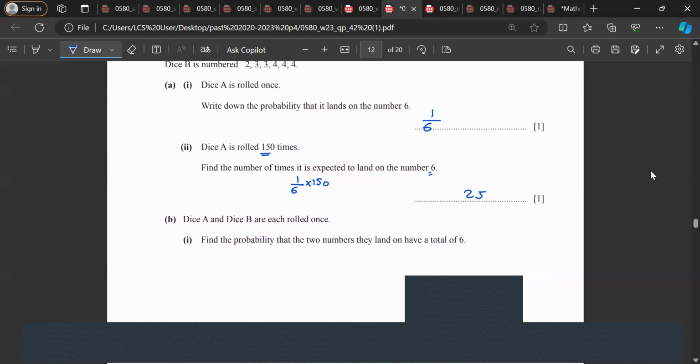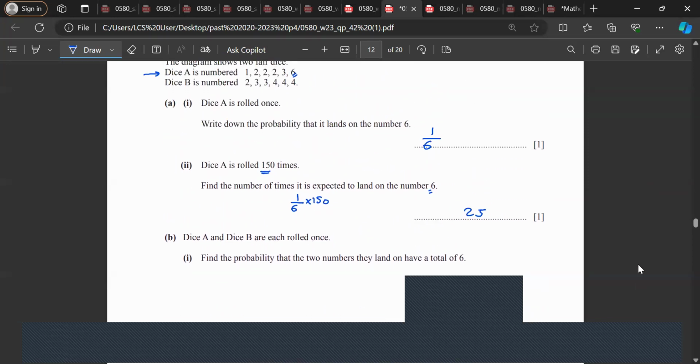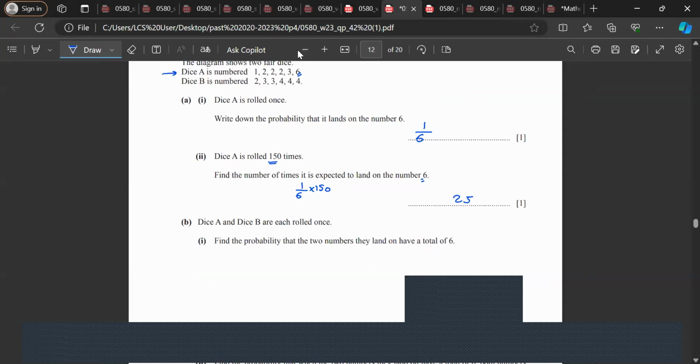He's telling me I have dice A and dice B. First, I'm going to write dice A: 1, 2, 2, 2, 3, 6. And then I am going to write dice B here: 2, 3, 3, 4, 4, 4.